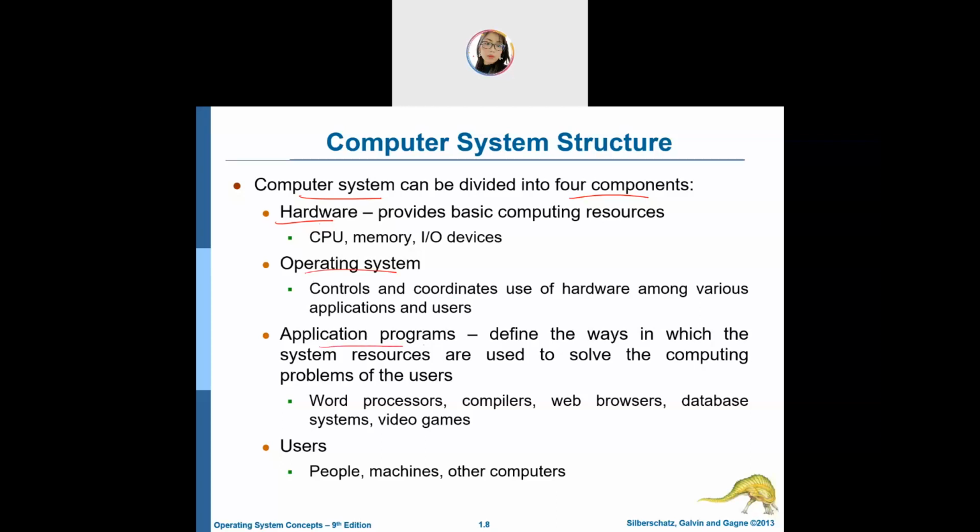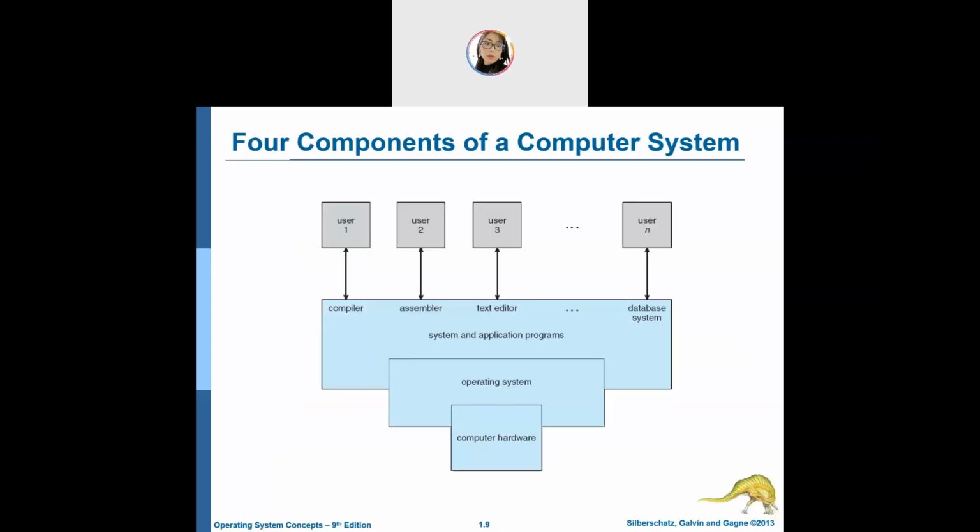Application program: what programs you need to have, which is your applications, words, compiler, web browser, your Google, Firefox, games. So all is under application. And lastly, user, which is your people, machine or other computer that tries to operate your computer. So this is the fourth thing that you need to remember about computer system structure.